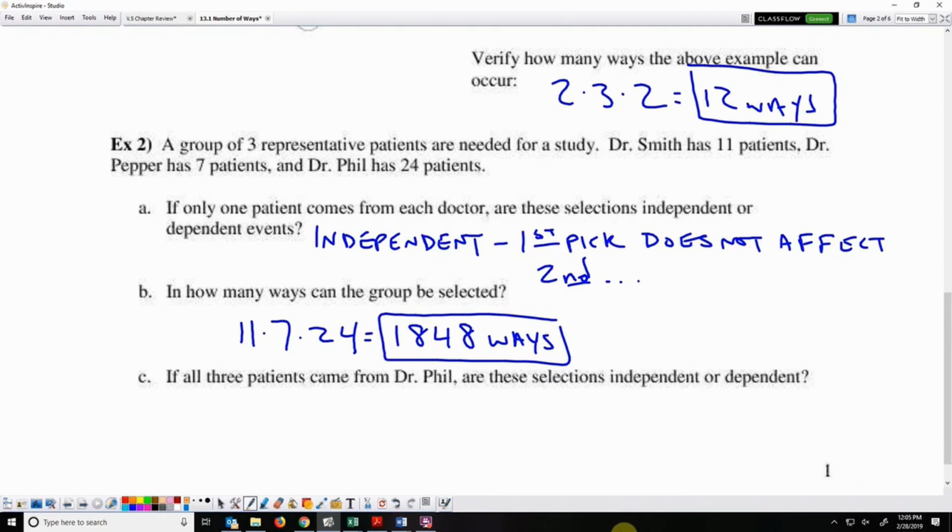If all 3 patients come from Dr. Phil, is it independent or dependent? In that case, it is dependent. Okay? When I make my first choice, that affects the odds for the next choice.